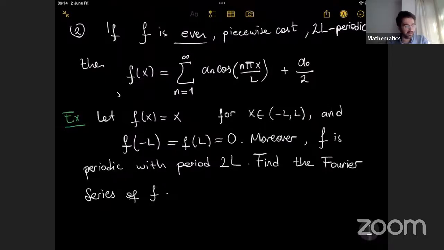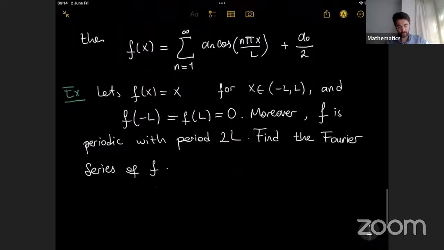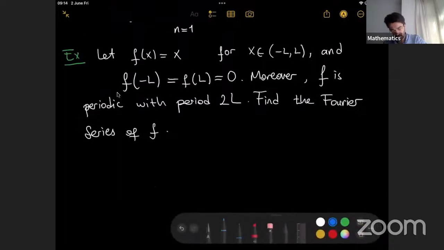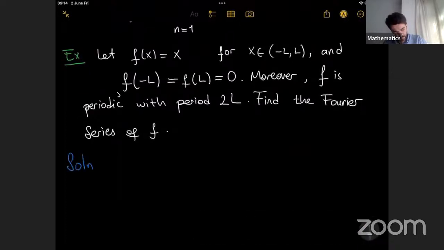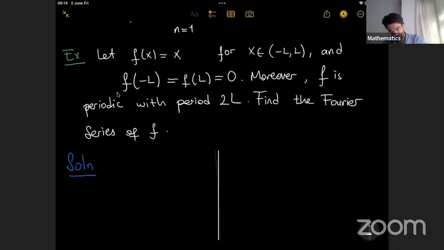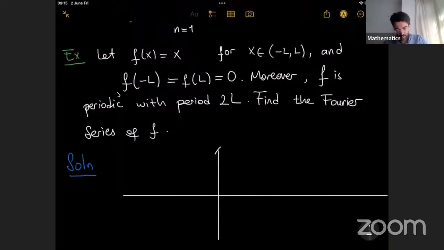Well, again, let's sketch the graph of this function. Let's say this is minus L, this is L. From minus L to L, it's equal to the identity function x.